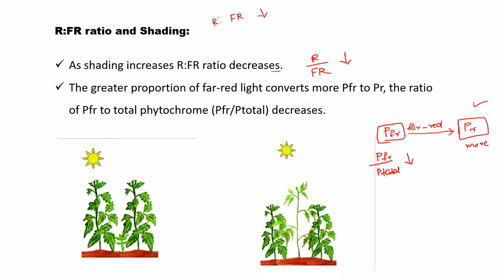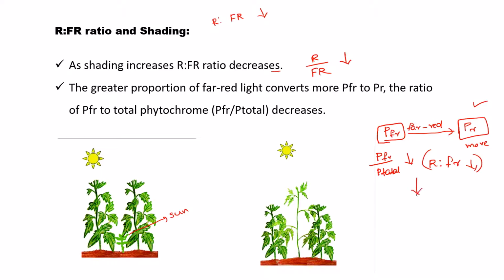Here you can see one sun plant that is growing under shade. In shade, PFR to P total is less, and the red to far-red ratio is also low. So what will this sun plant do?